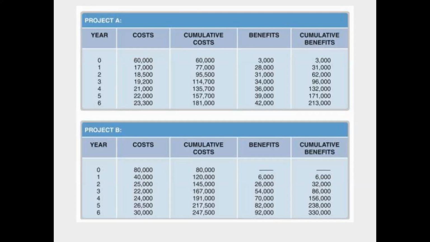Yes, Shashank said year 4. Let's calculate. See, year 4, yes, we have 135,700, that is the cost. Benefits is a little less, 132,000. So it's very close to 4 years. I think a little more than 4 years. True, that's good.